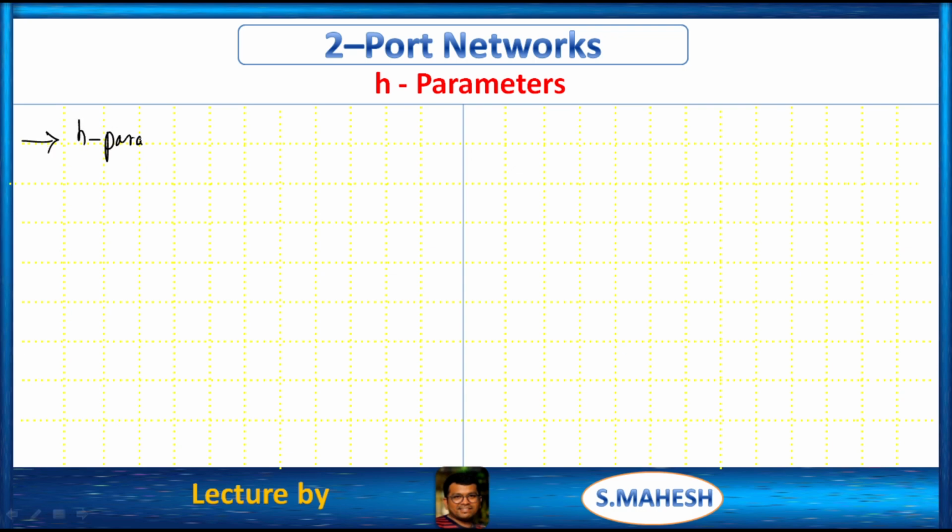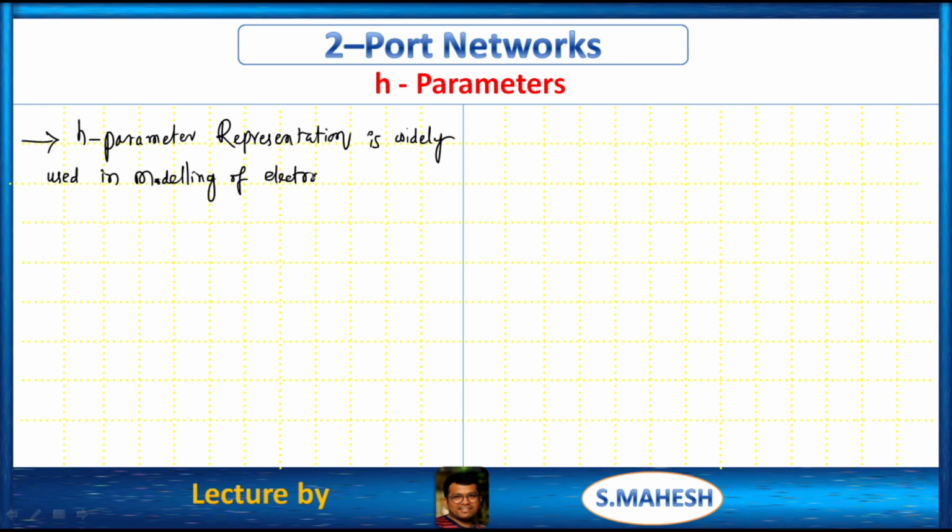H parameter representation is widely used in modeling of electronic components, particularly modeling of transistor amplifiers.